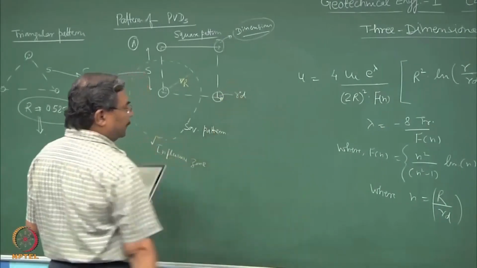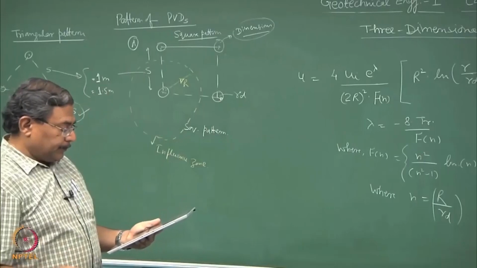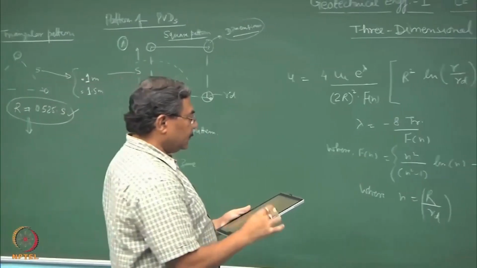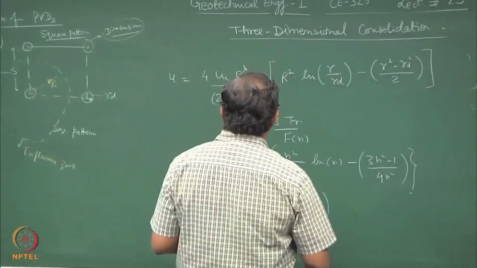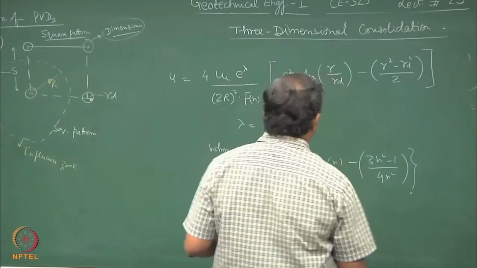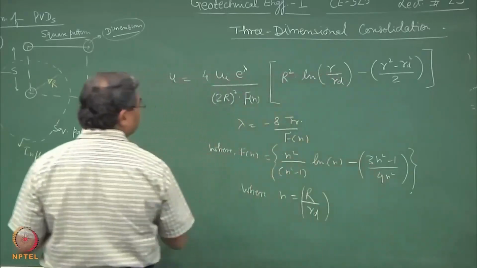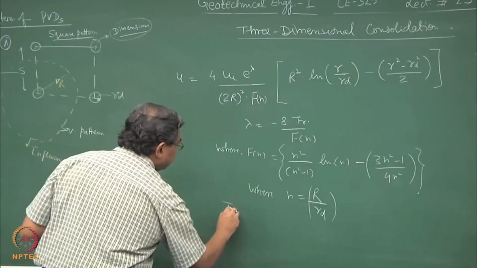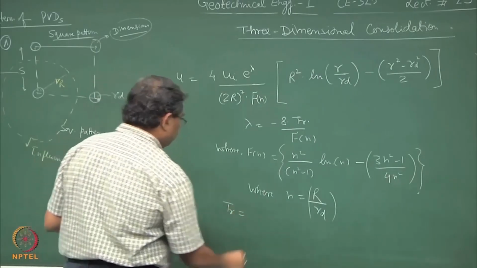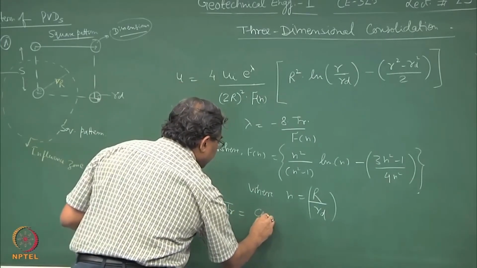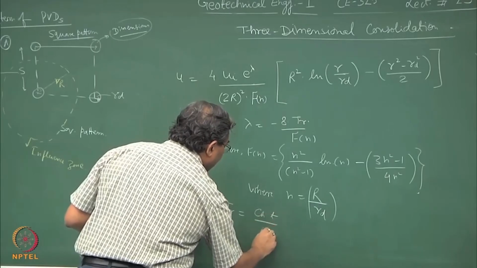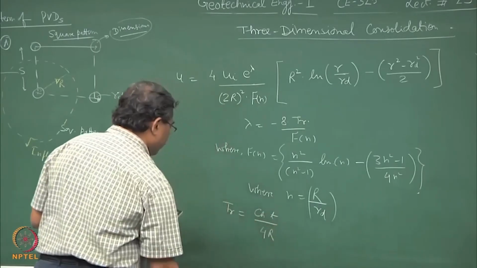So, this is the Rd. The Tr is defined as Ch into T upon 4R square.